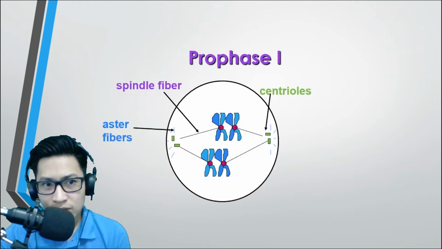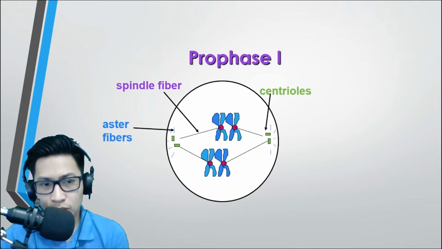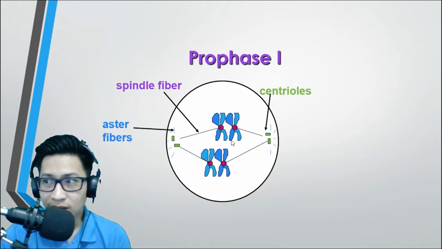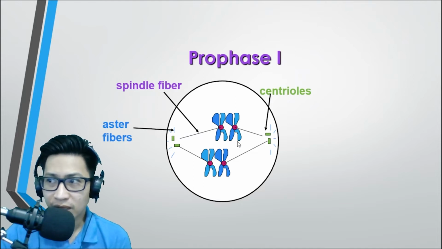Here we can observe that we have a pair of chromosomes, or what we call the homologous chromosomes, in which they are what we call the tetrad. Okay, ganito ang itsura ng tetrad. They are 2 homologous chromosomes in which they are similar in size and similar in shape.